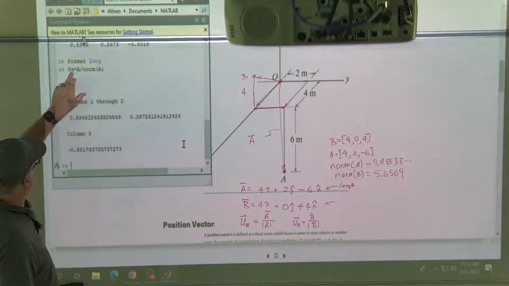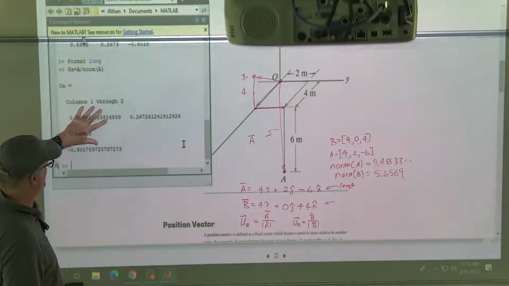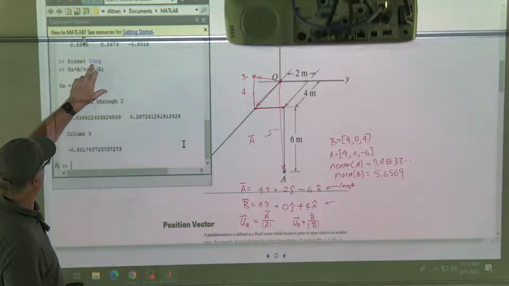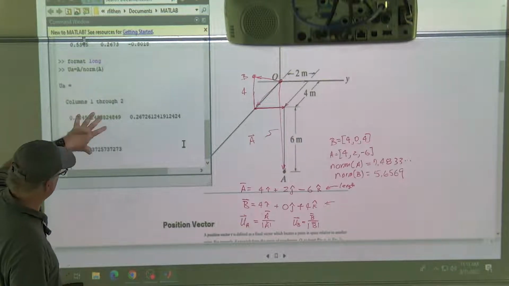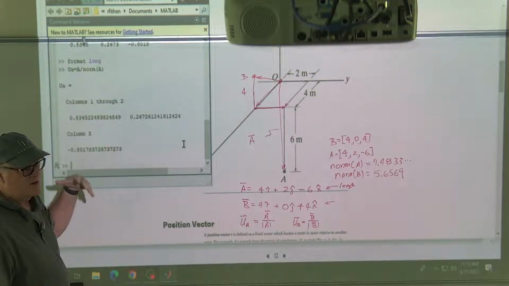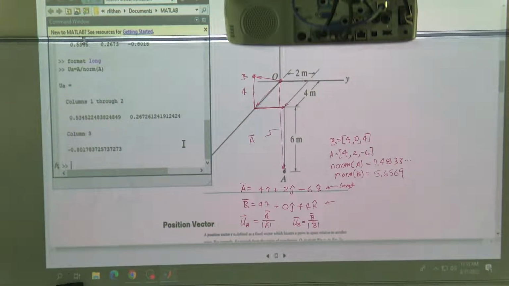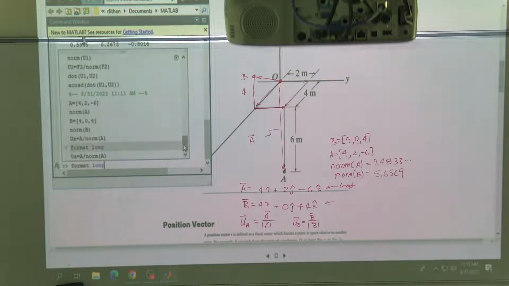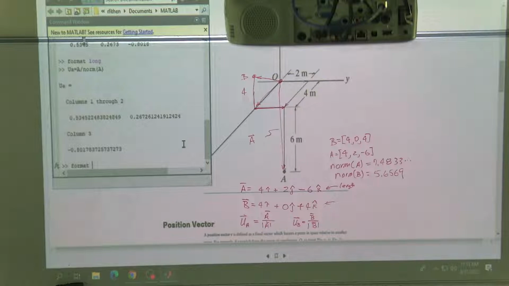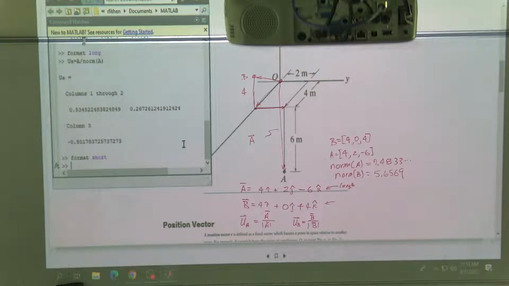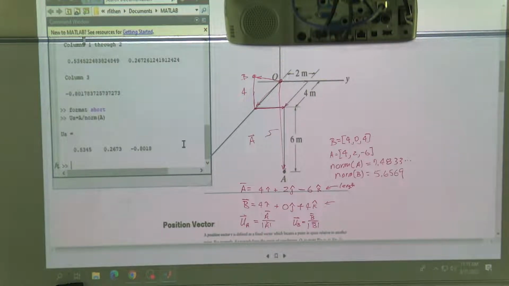The thing is, inside MATLAB, whether you do format long or format short, the numbers are inside there anyway. So it's just displaying to you more digits versus less digits. So if you don't mind, I'm going to go back to format short. And that way I'll just look at the 4 digits and say, okay, that's fine.